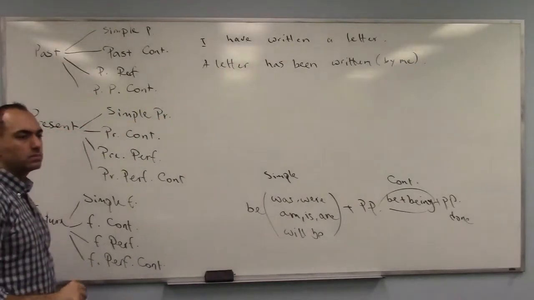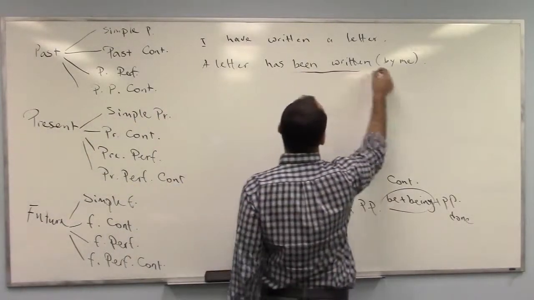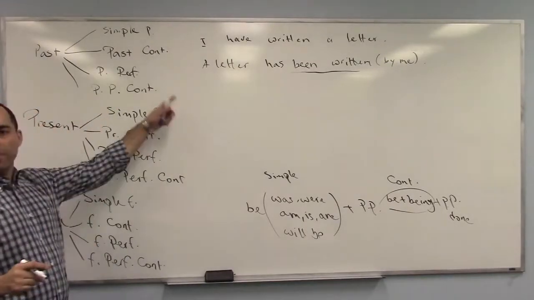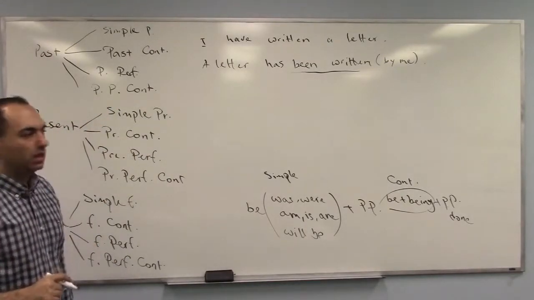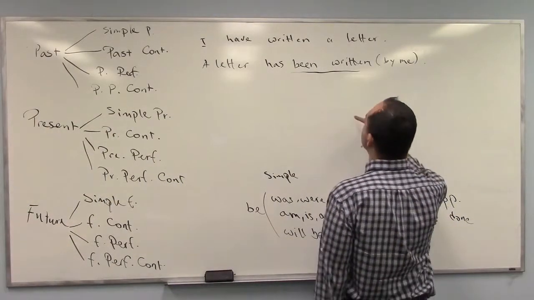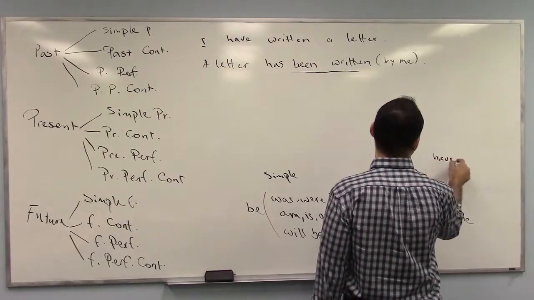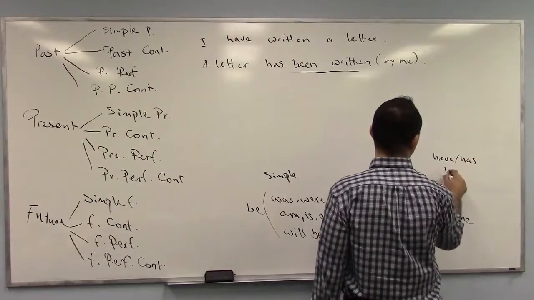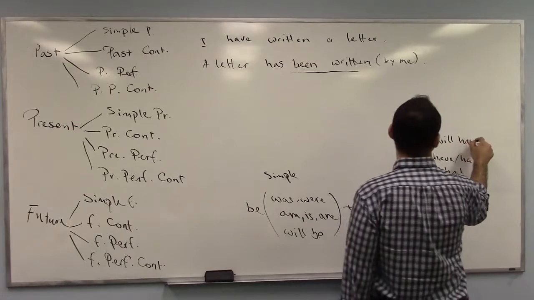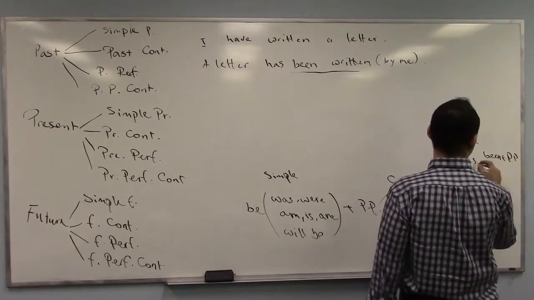Yeah? Are we good? So all perfect tenses will be written has been. In the present tense we have have or has. In the past it would be had. In the future it would be will have. Plus been. Plus past participle.